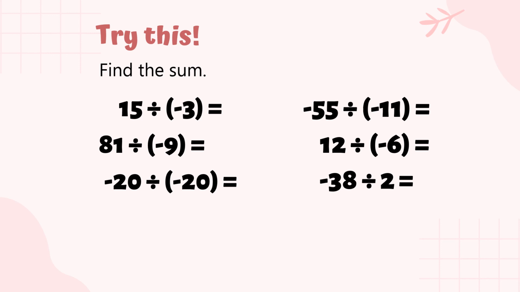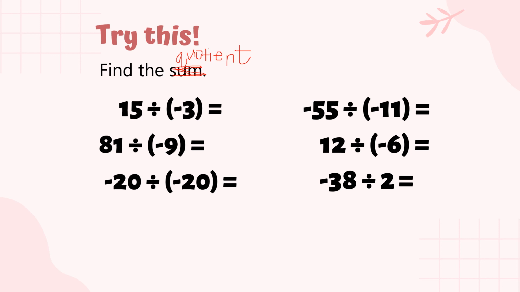Okay, so let's try this one. So this is not sum, but rather the quotient. So find the quotient. So if it is quotient, the operation is division. 15 divided by negative 3.